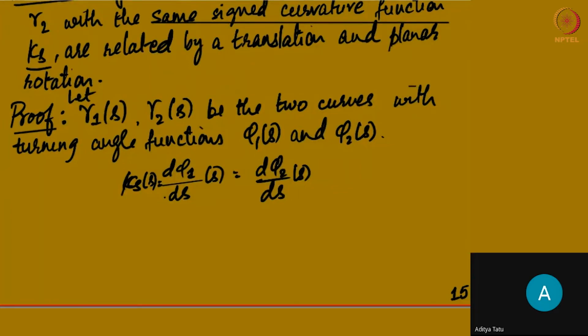Sir, they can be different such that they are on different heights of the plane. Okay, so basically there is a difference in a constant, right? Yes, sir. So I will just say that phi 1 of s has to be phi 2 of s plus some theta. Let's just call that constant theta.